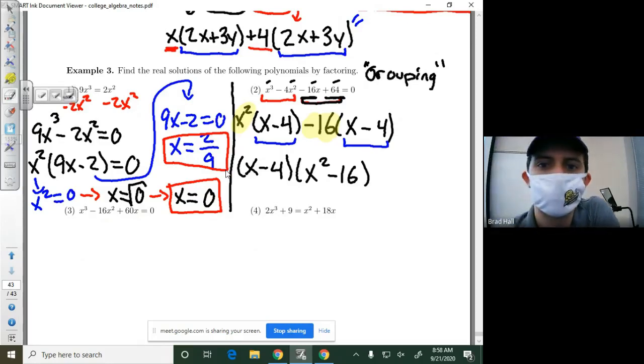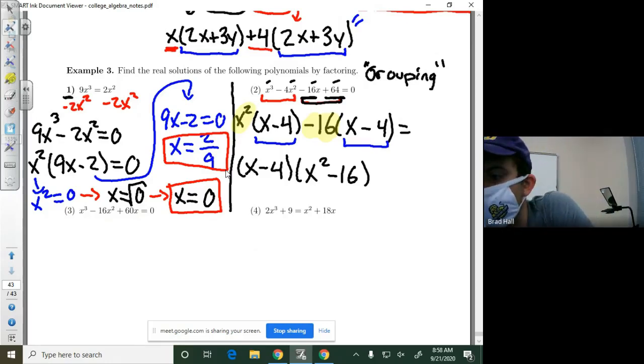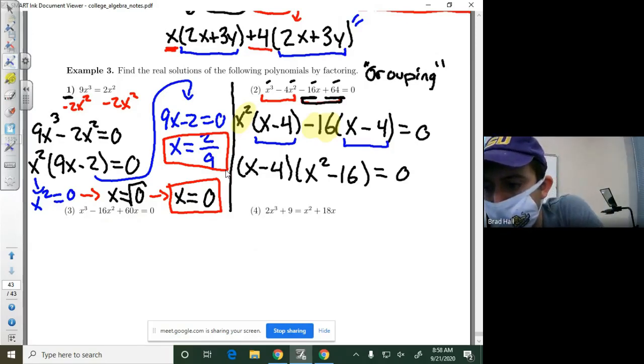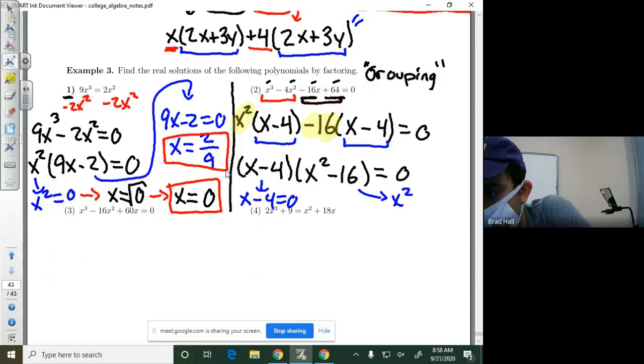Or rather, remember, all of this is still equal to 0. So what this tells us is that x minus 4 is equal to 0, and then x squared minus 16 is equal to 0.